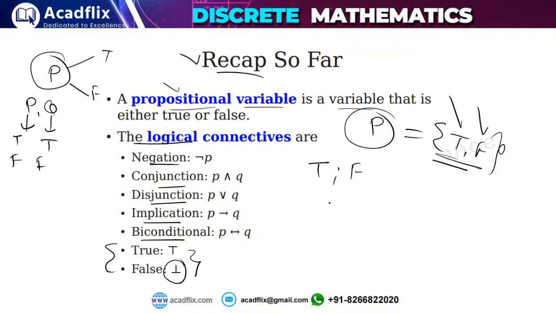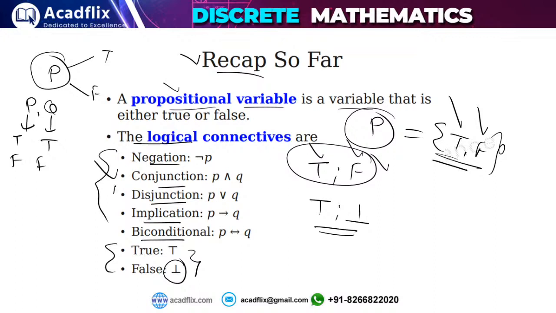Sometimes, if they are using a different convention in the question, they will tell you, for example that they are using T for true and a different symbol for false. Anyway, we are using T for true and F for false. So this is the recap, and yesterday's class was completely revolving around these connectives. We have already seen all these things.